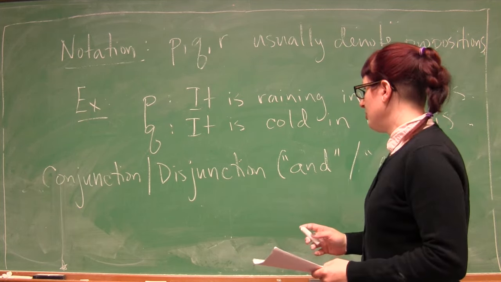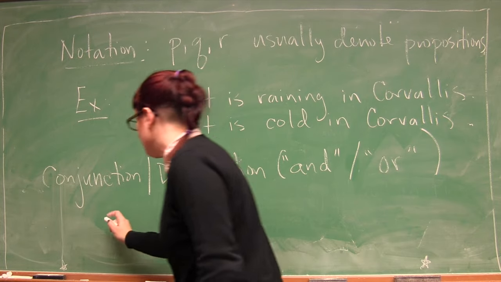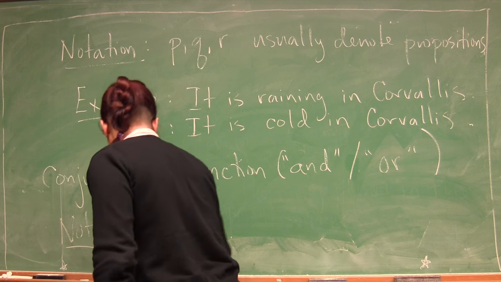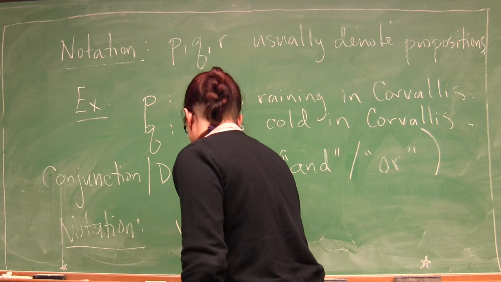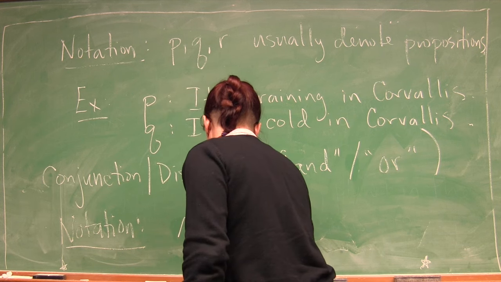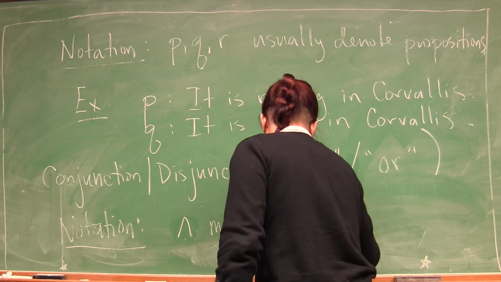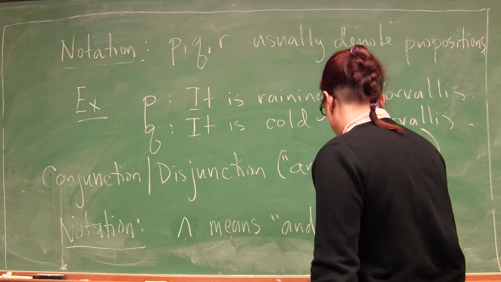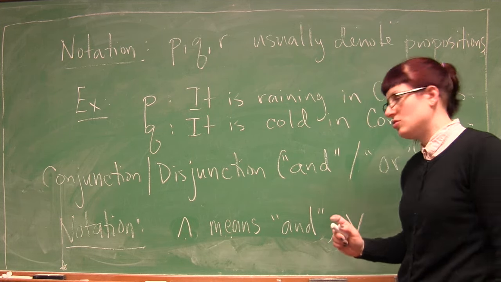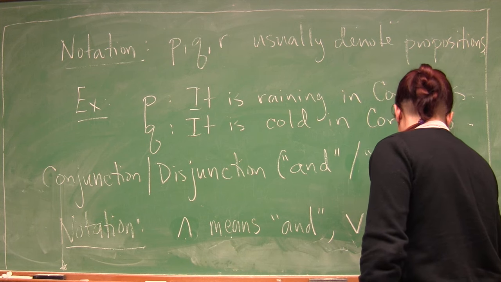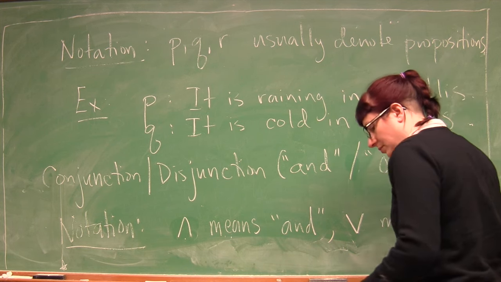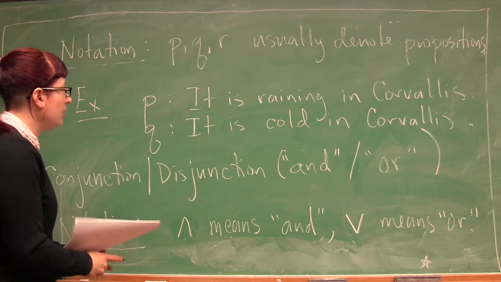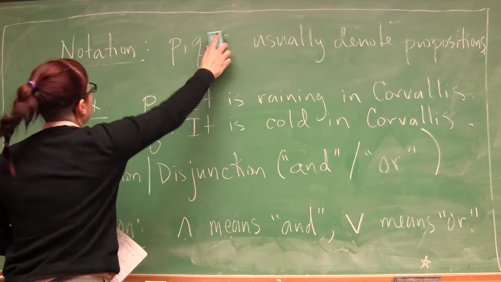The notation we use for and, which is called conjunction, is the following. So sort of a sharp pointy hat means and, and a V means or. So continuing with our examples P and Q here, it is raining in Corvallis and it is cold in Corvallis.